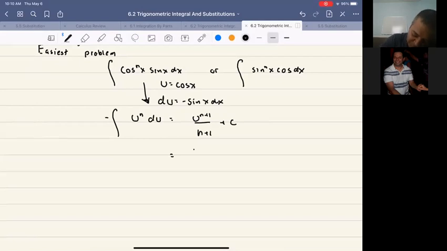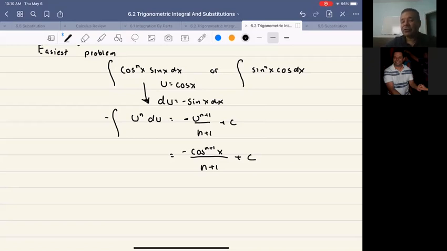That equals, I should have had a negative, negative cosine of x to the n plus 1 over n plus 1 plus c. Okay? That's sort of the simplest, easiest type of problem.